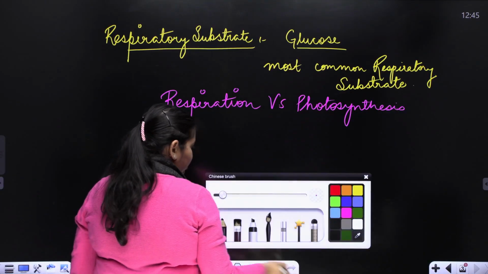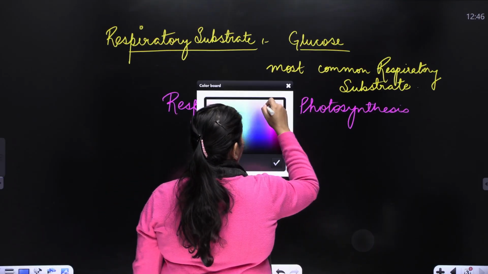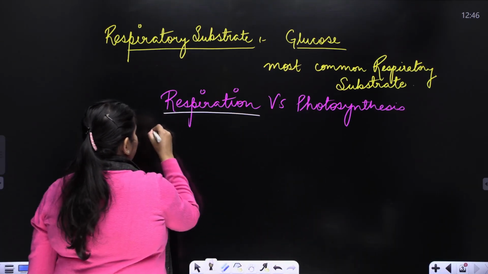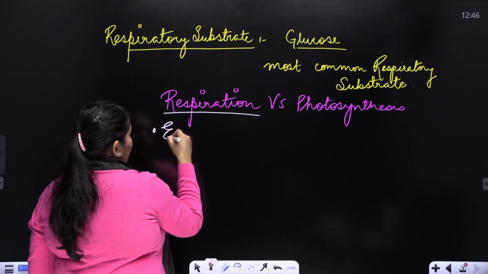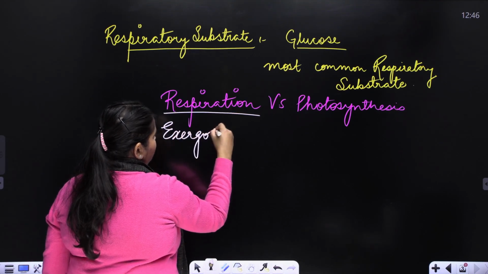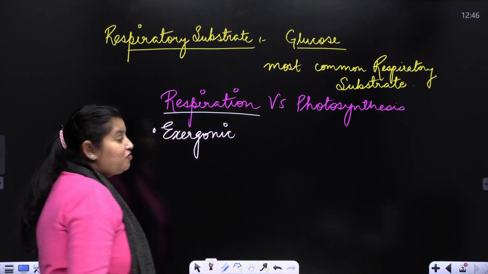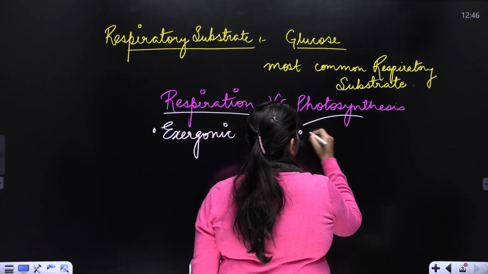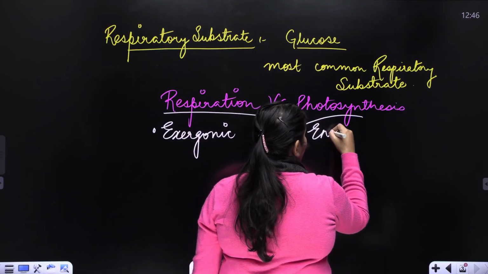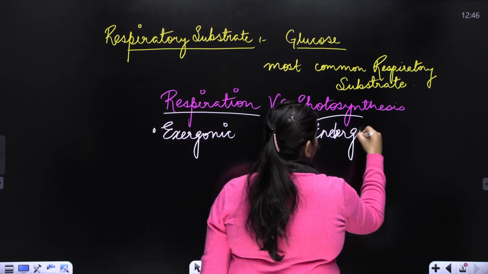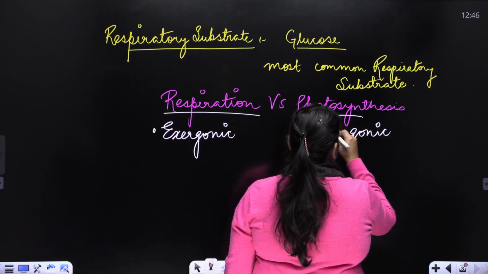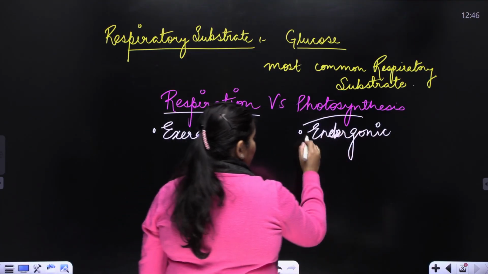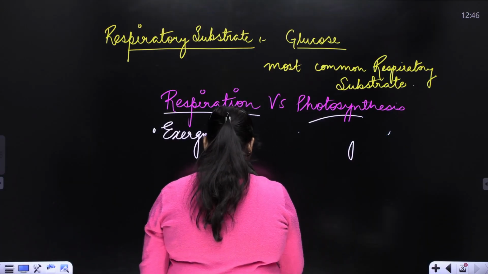As I've already told you, respiration is an exergonic process. That means it is releasing energy. Photosynthesis, what is photosynthesis? This is an endergonic process. Why is this an endergonic process?